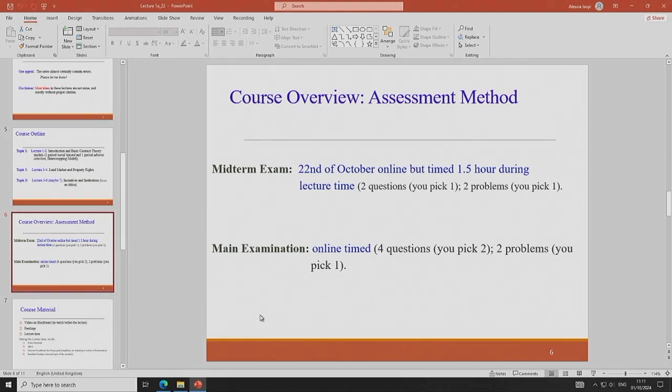The midterm will have 2 questions. It will be an open essay question, and you will have to pick one. And then there will be 2 problems to solve, and you can choose one. If you were to do this test on campus, I would have given you 1 hour, okay? But overall, you have 1 hour and a half just to take into account that there might be some connection issues, there might be some problems uploading the file or anything.